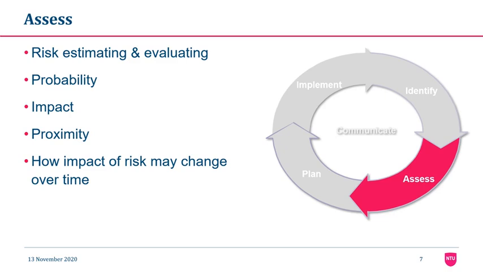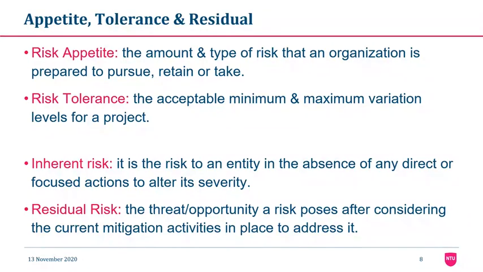In this slide, I want to clarify a few terms. The first one is risk appetite, which is the amount and type of risk that an organization is prepared to pursue, retain, or take. Risk tolerance is the acceptable minimum and maximum risk variation level for a project.